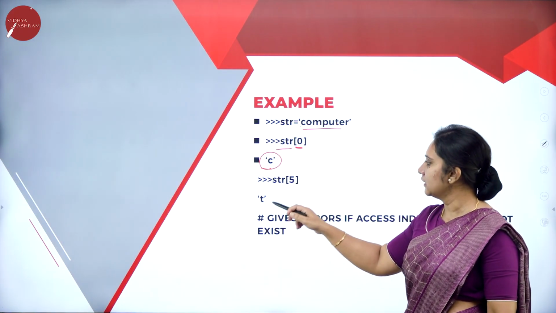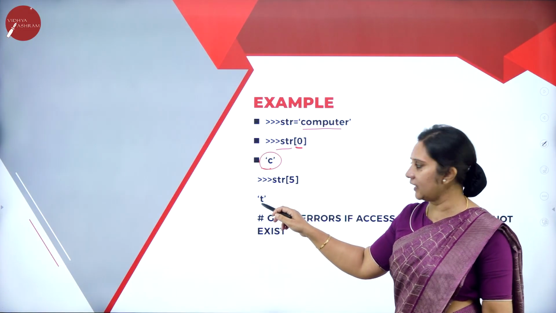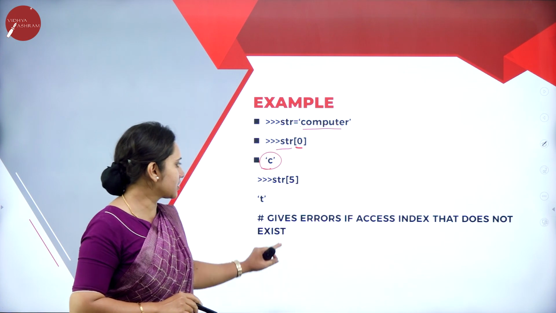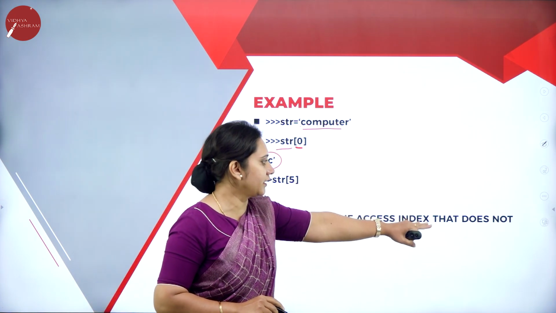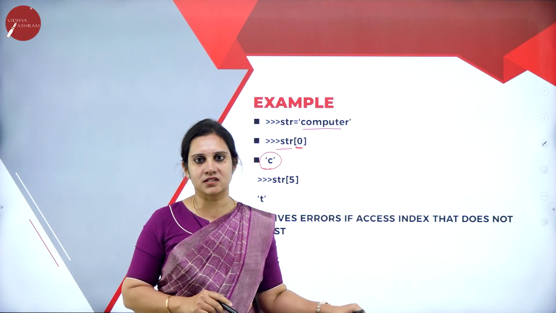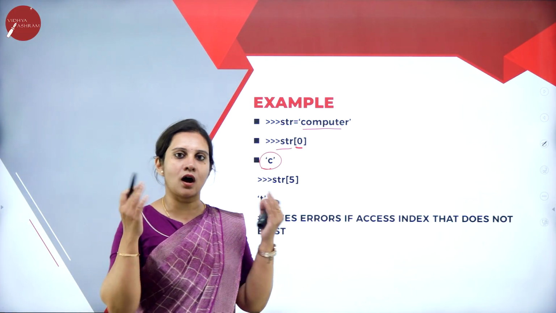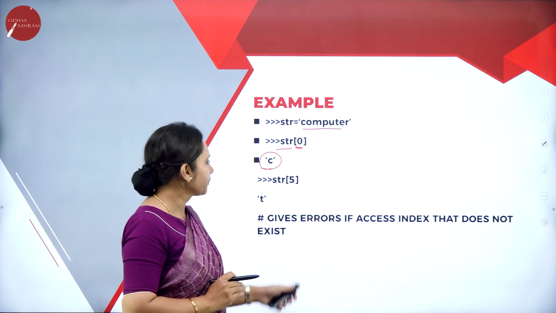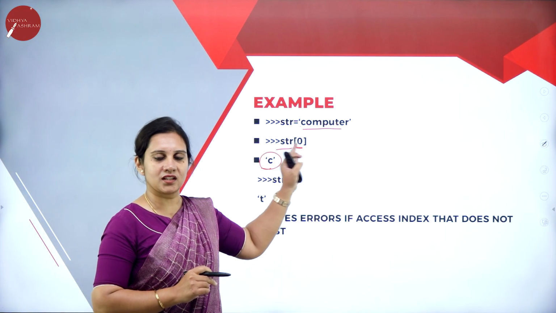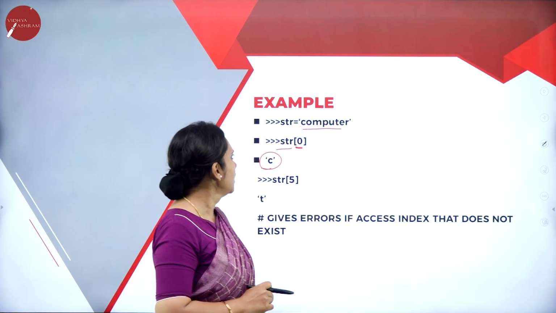If I give 5, the character T will be displayed. It gives an error if the index does not exist, as I told you, if it is out of range. This is the example of accessing an individual character in a string using an index.